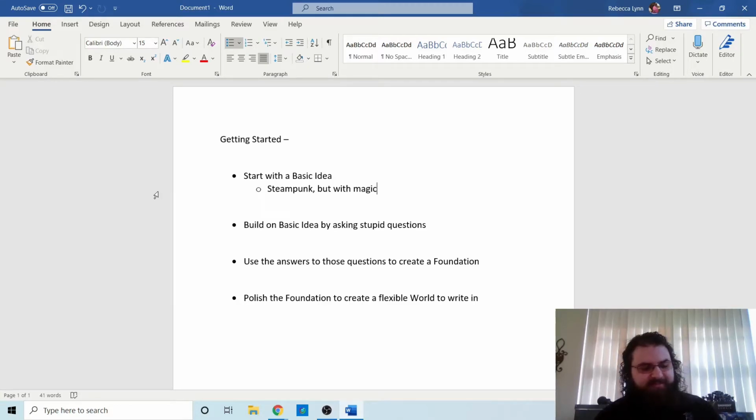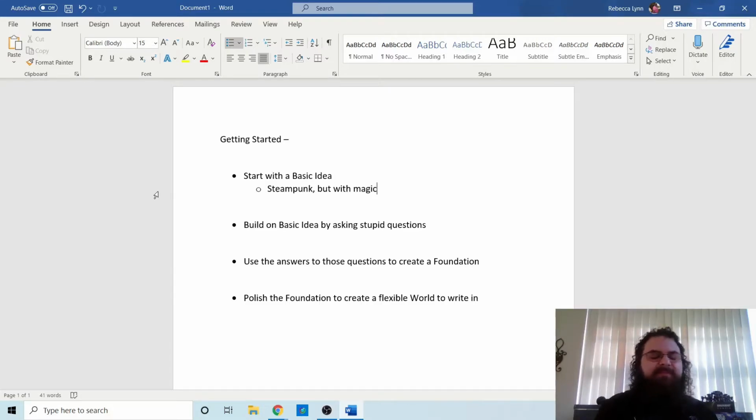But then steampunk with magic then? Well, okay, do they just gather magic and use magic instead? Can it be that easy? Can we just like say that they make magic and then use the magic to do things? Well, yeah, why not, right? So that's that one stupid question answered. How does it work? Well, they take magic from the environment and they use it the way that you would use steam or electricity. Cool.